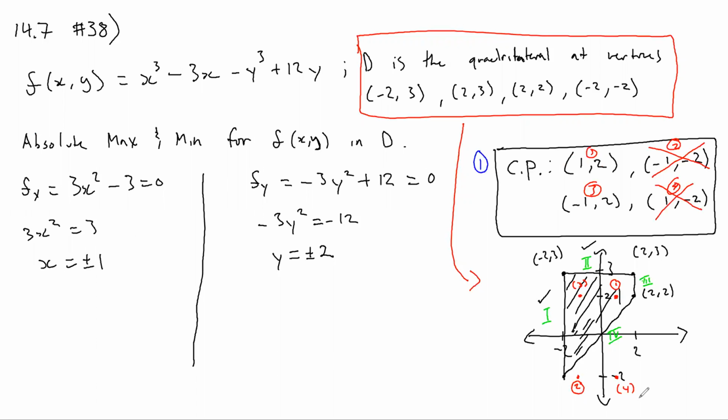All right, so we have this vertex of (-2, -2), and we have that vertex of (2, 2).